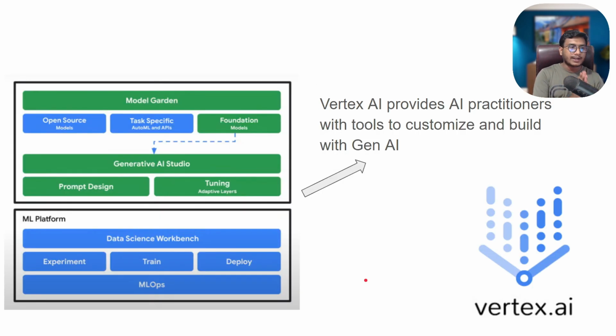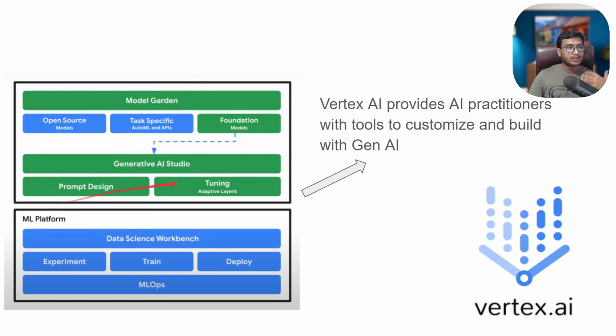Now let me show you the Vertex AI platform, how it looks right now. You can see, this is the previous Vertex AI platform, where we used to perform only ML operations, that means machine learning operations. You can run experiments, train and deploy, in the data science workbench. On top of this platform, they introduced generative AI. You can see they introduced something called the generative AI platform.